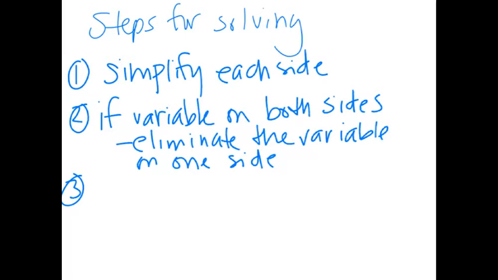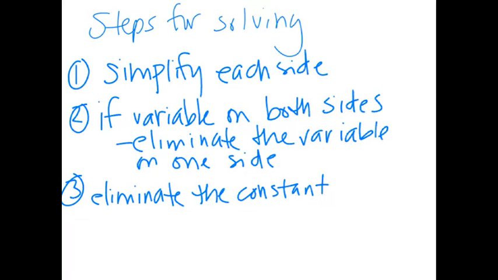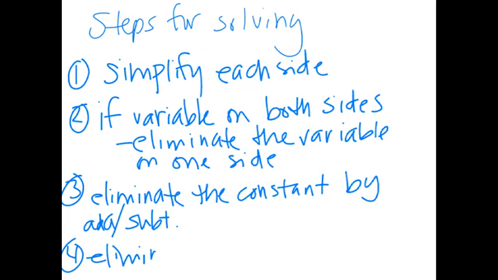So once you're down to everything simplified and there's only a variable on one side, you eliminate the constant, which is the number added or subtracted to the variable. And you eliminate it by adding or subtracting. And then finally, eliminate the coefficient.